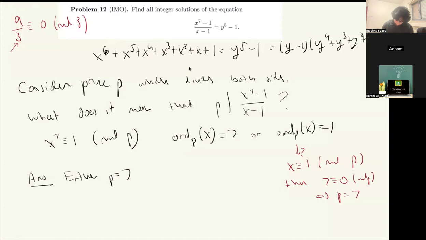Okay, we'll worry about it. Either p equals 7 plus some other conditions, or p does not equal 7 and the order of x mod p is equal to 7. So there's two cases.